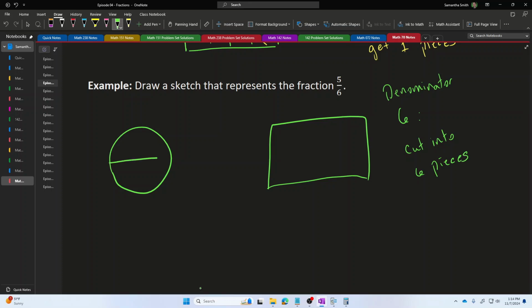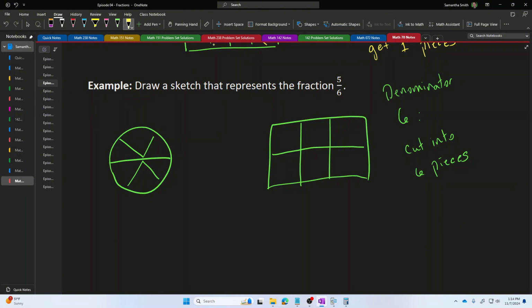So I could, for example, cut it like this, or I could cut it like this, and that would cut the object into 6 evenly sized pieces.